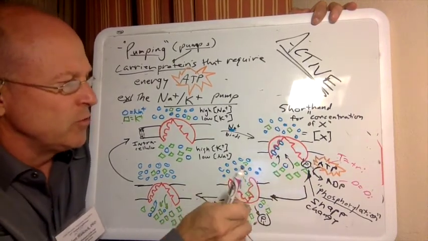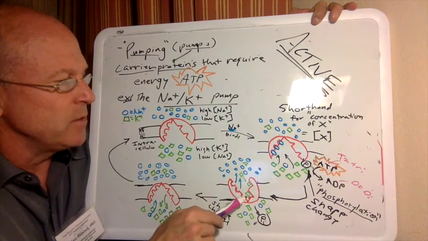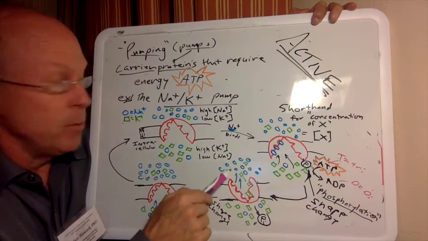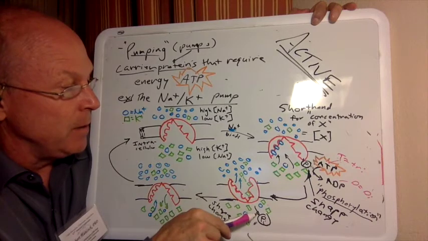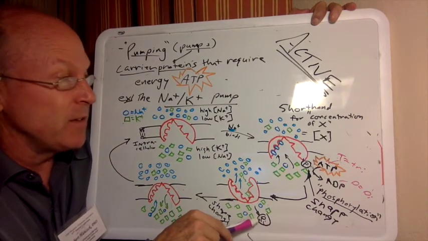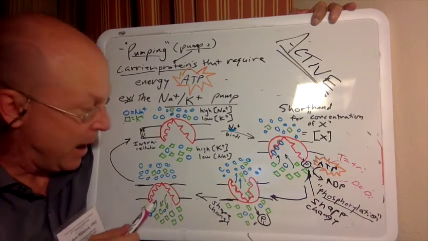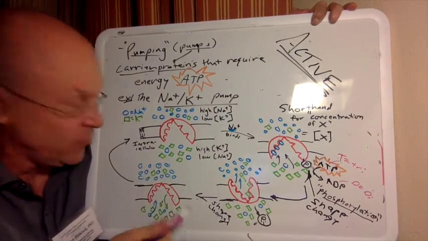So the cartoon shows it opening up the other way, and it's at that time that it's exposing its potassium receptors to potassium, and it's dumping its sodium against the concentration gradient. Then when the potassium guys come in, they cause the booting off of the phosphate, and now that it doesn't have a phosphate stuck to it, it changes back. It flips right back to its position that it normally occupies when it's not phosphorylated.